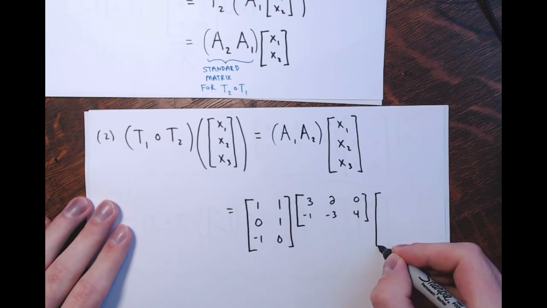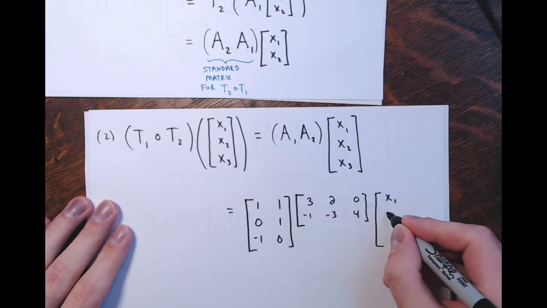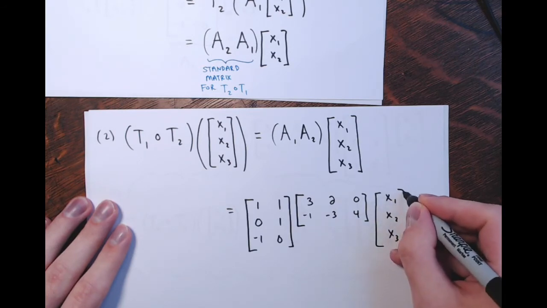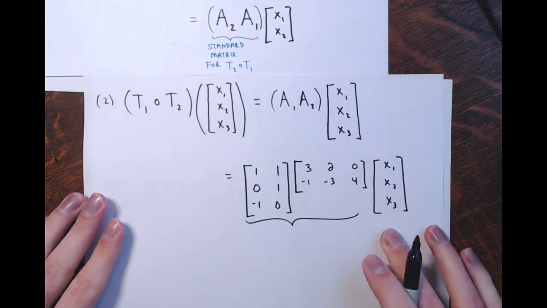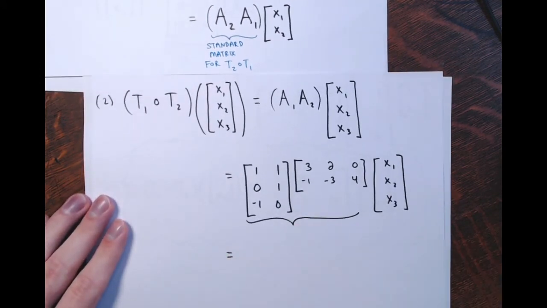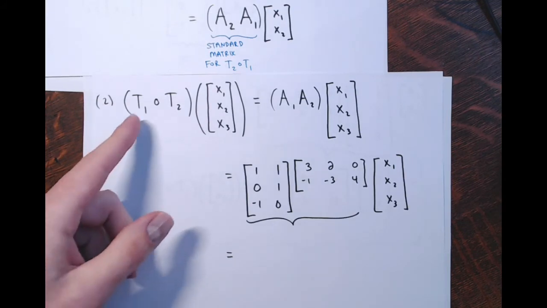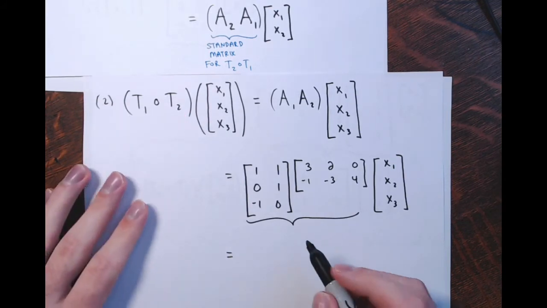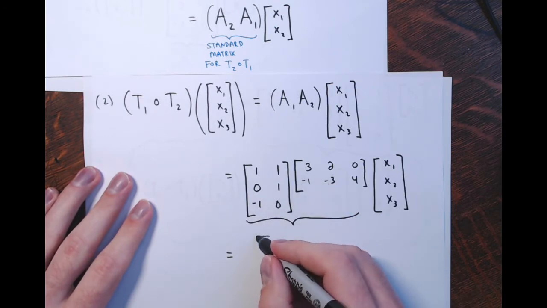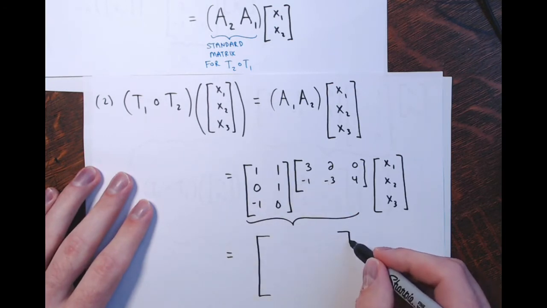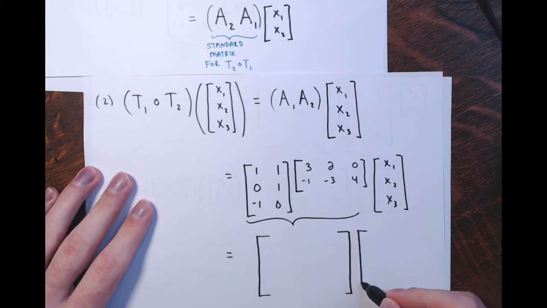And then times this input vector. That's not changing, that's always sticking around. All right, and then multiplying these matrices here gives me the standard matrix for this composite. Now it's a 3 by 2 times a 2 by 3, so the result will be a 3 by 3. And again, times the input vector.